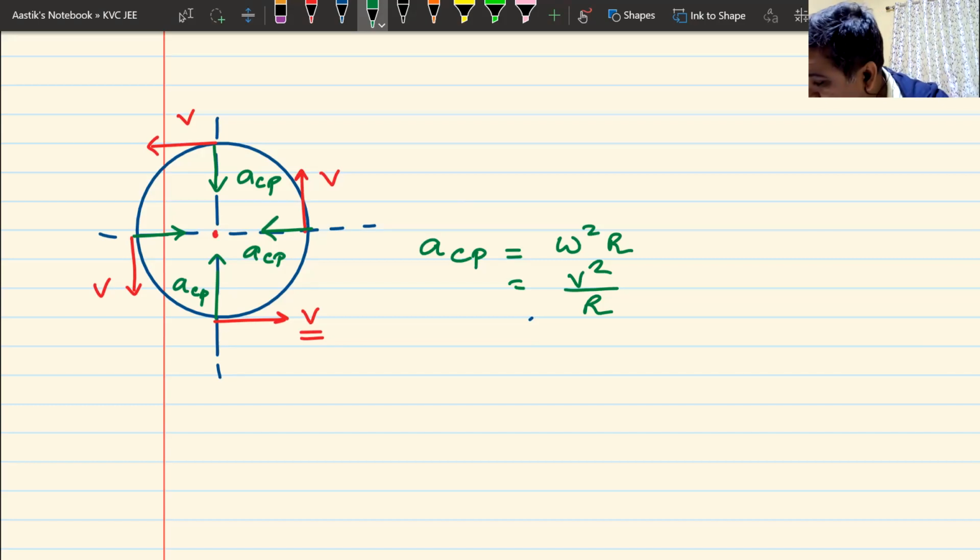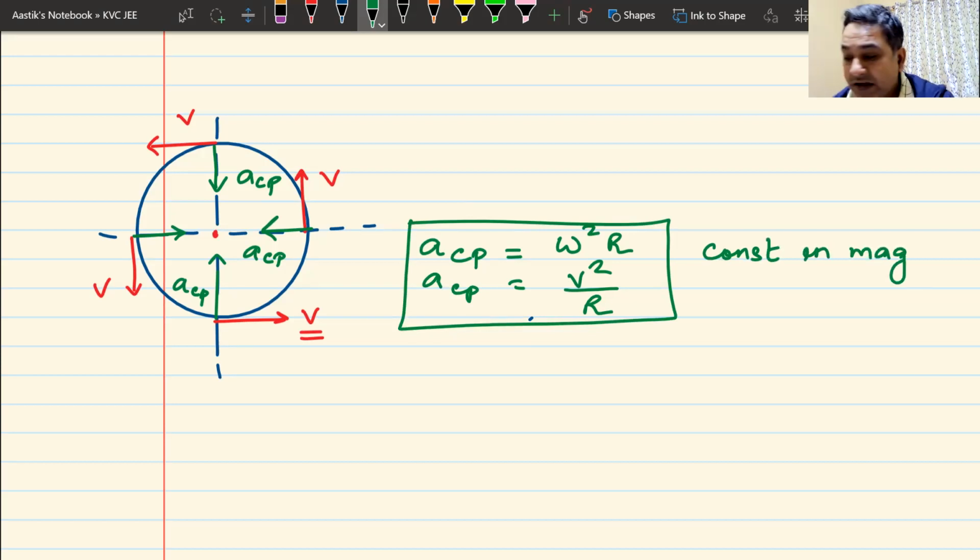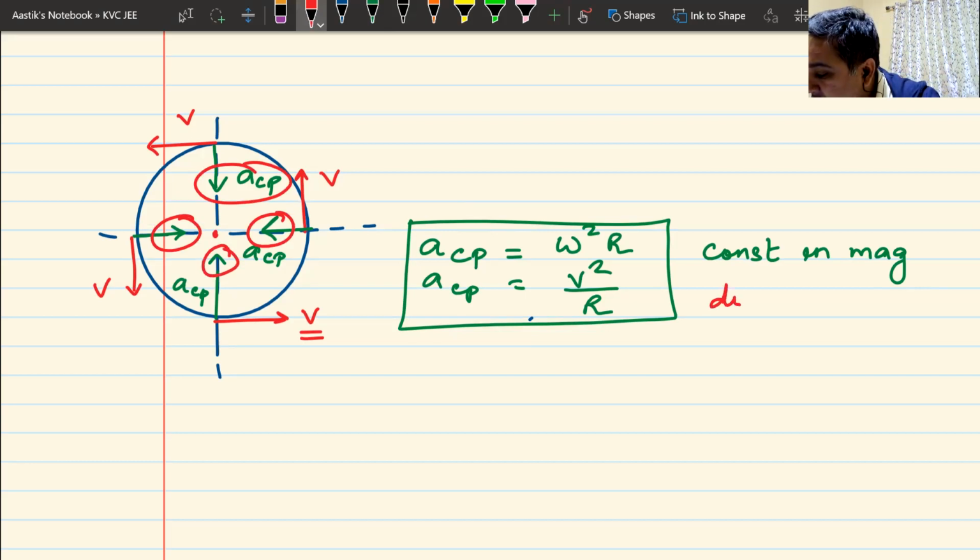Now the centripetal acceleration, as you can see, is constant, but only in magnitude. The magnitude remains the same, but you can see that the direction continuously changes.